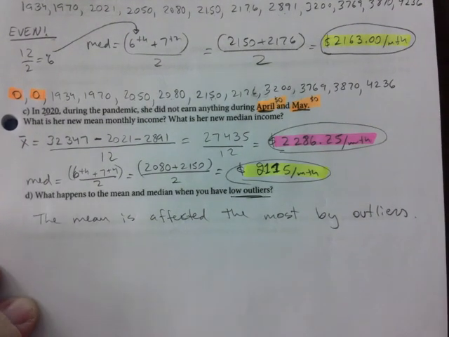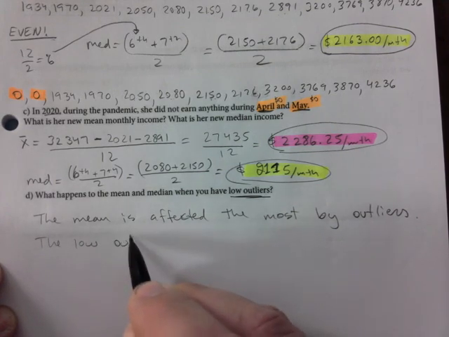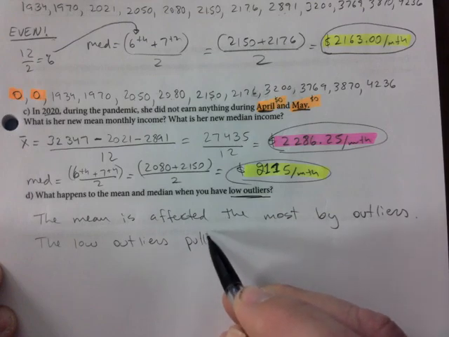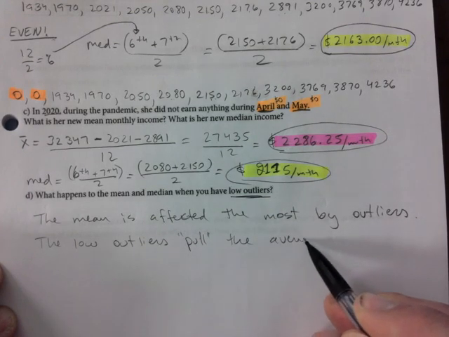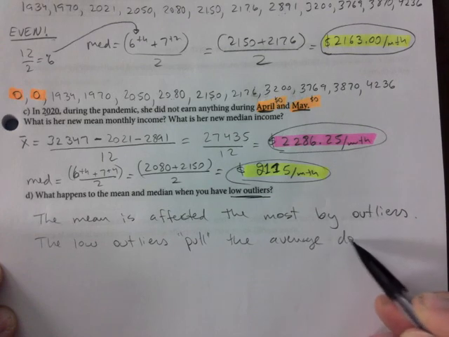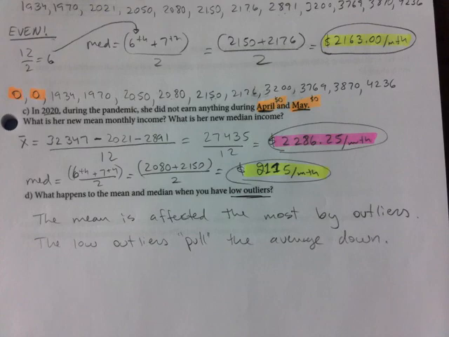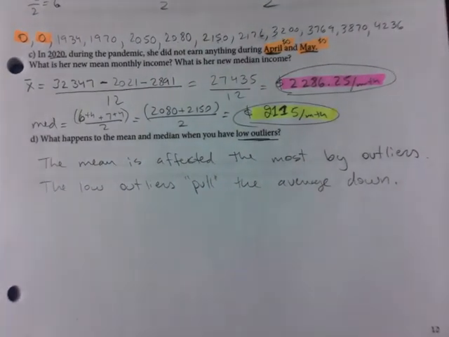That's just a fact. Okay. The low outliers pull, you can use that word, right? Pull the average down. Whatever I have in the key, you can stick with that, but I probably have a different wording, that's just because I want you to have different ways of understanding, right?